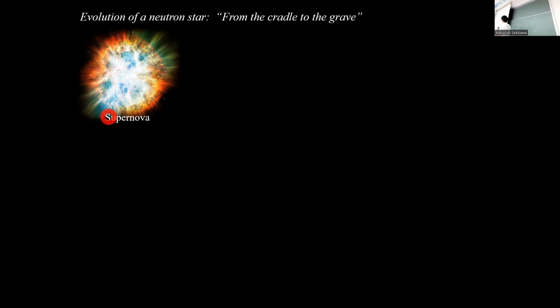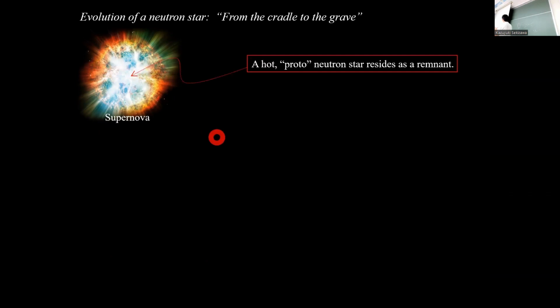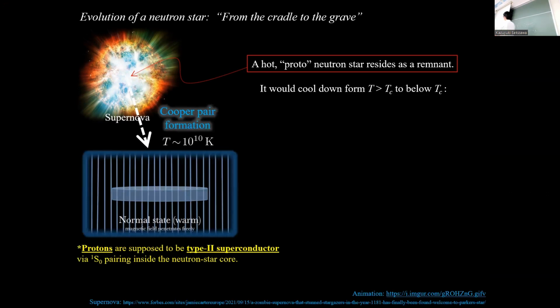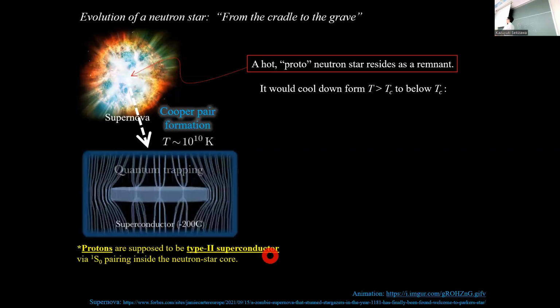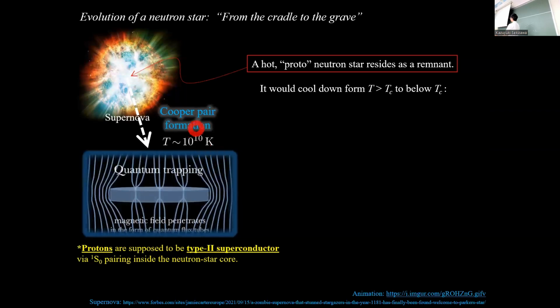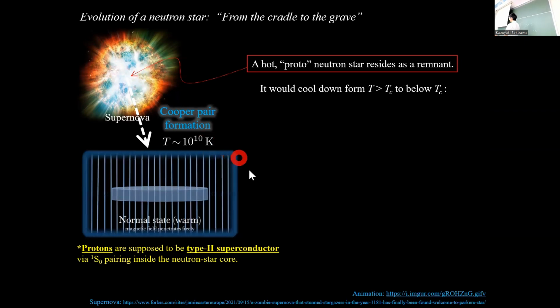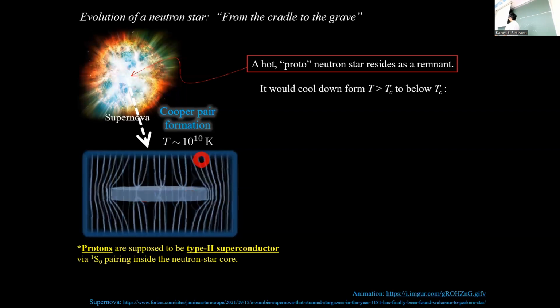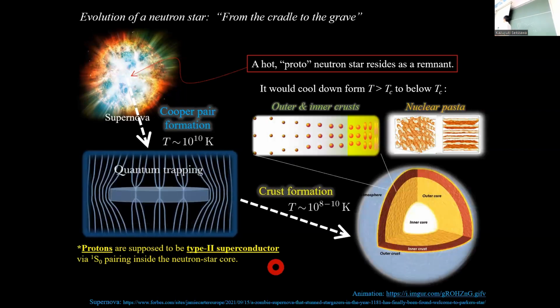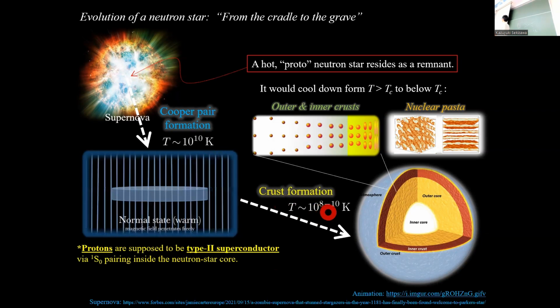After the supernova explosion, we will have the formation of a hot protoneutron star, and it gradually cools down through neutrino emission. As you can imagine, a superconducting transition should occur at a certain critical temperature, and after some cooling, the crust must be formed.